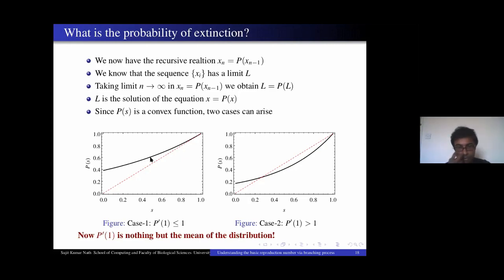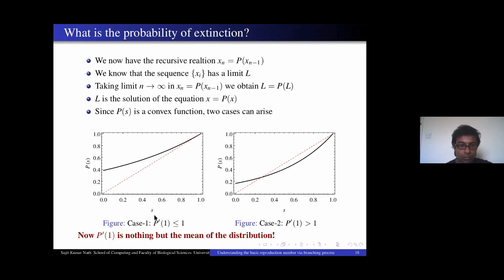And another important thing we need to notice here is that when this does not intersect before 1, then the first derivative of P evaluated at 1 will always be less than or equal to 1, because the slope of the tangent of P(s) will always be less than the slope of this diagonal line, right?